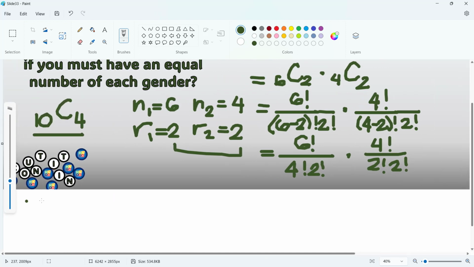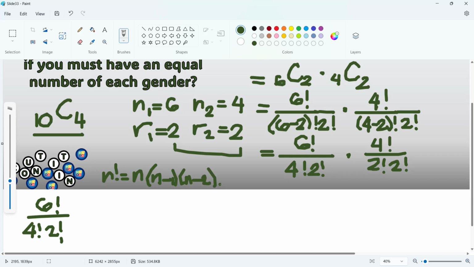So let's have 6 factorial over 4 factorial times 2 factorial. We all know that a factorial notation is the condensed way of writing products of integers 1 to n. In reverse order, you have n times n minus 1 times n minus 2 until 1. So 6 factorial here can be written as 6, or the product of 6 until 1.